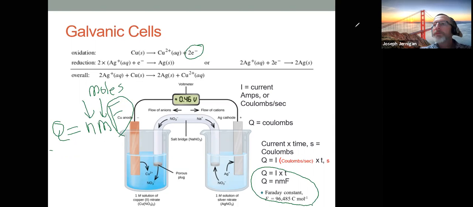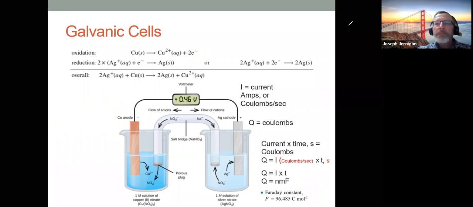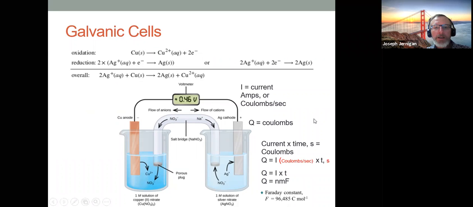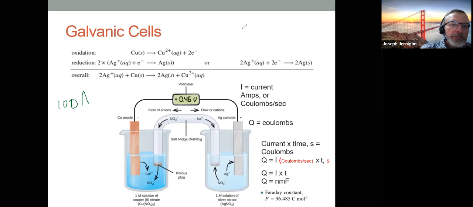All right, so let's just do a quick example. Let's say Q is equal to, say we passed 100 amps, and it took 1 hour.